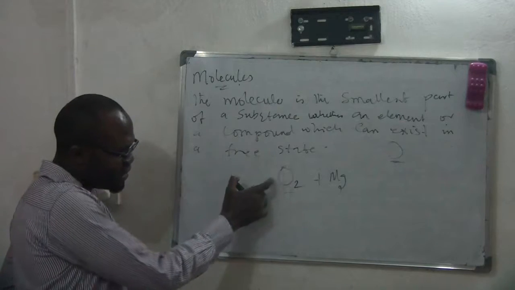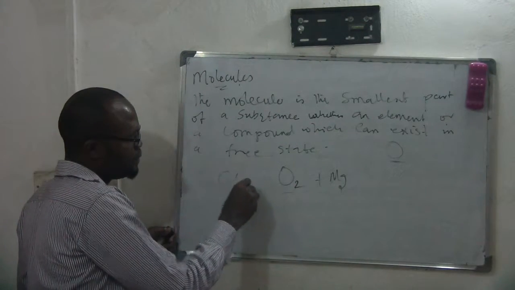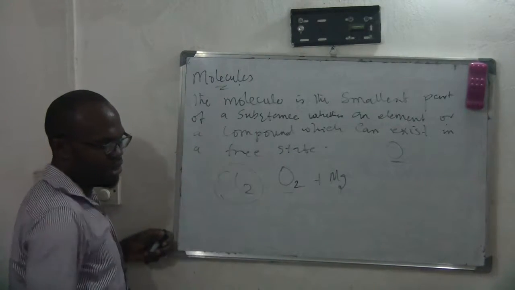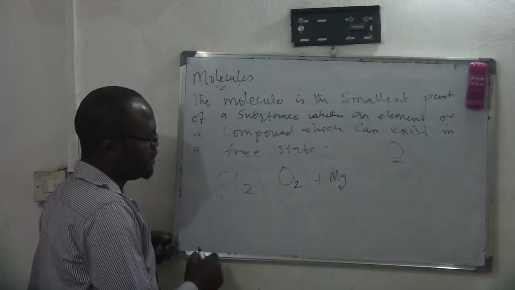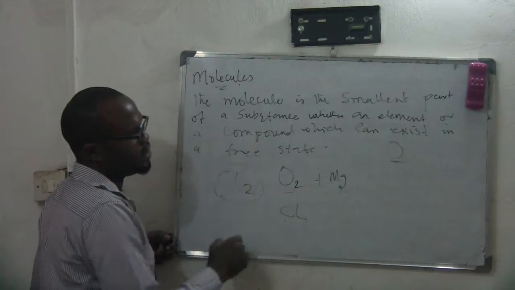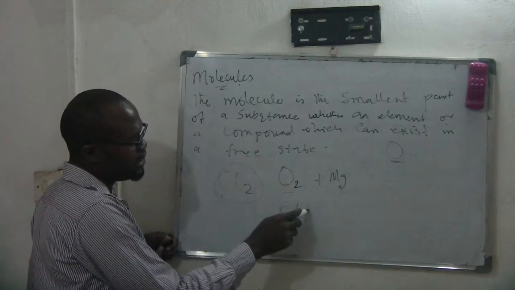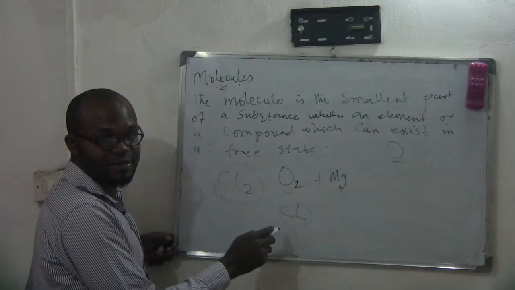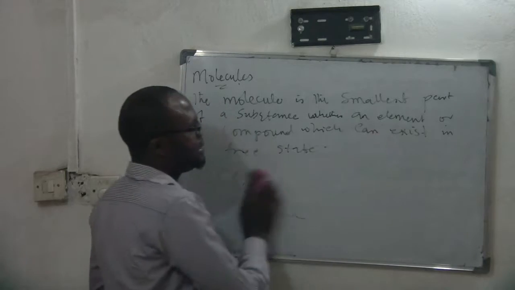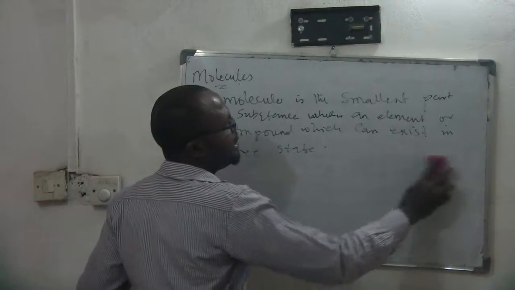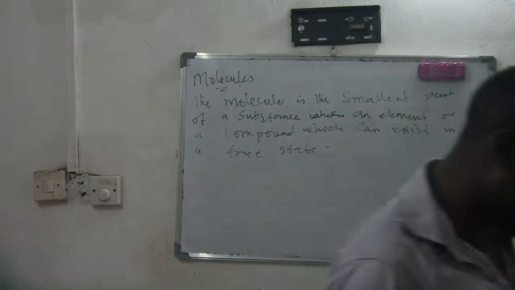Whenever you see something written like O2 or Cl2, it is a molecule. When you have only Cl, you call this an atom. But you can hardly see this in a free state. It's easier to see the molecule existing in a free state, ready to combine or be reacted with other reactants.